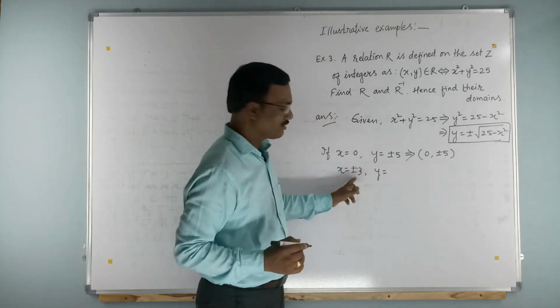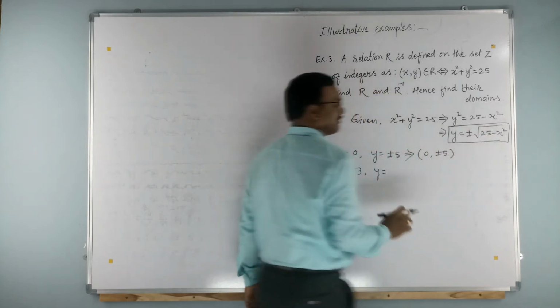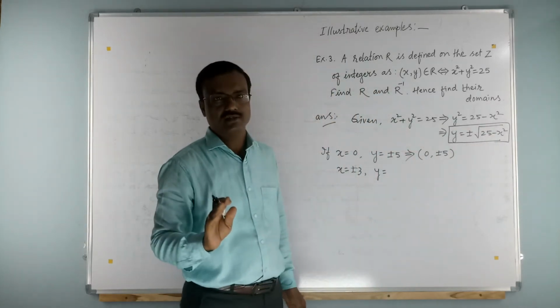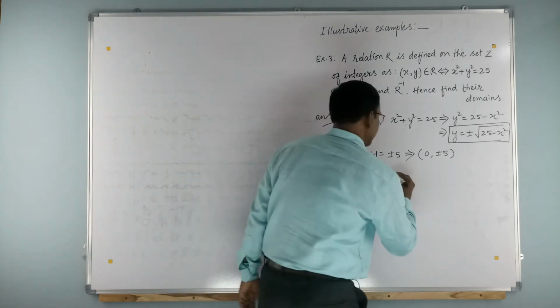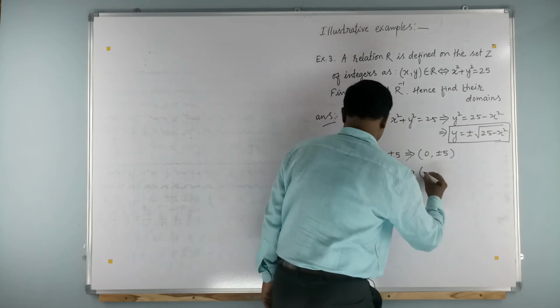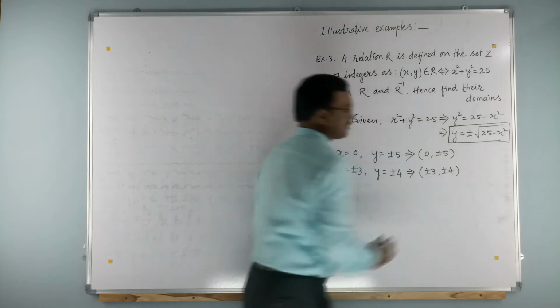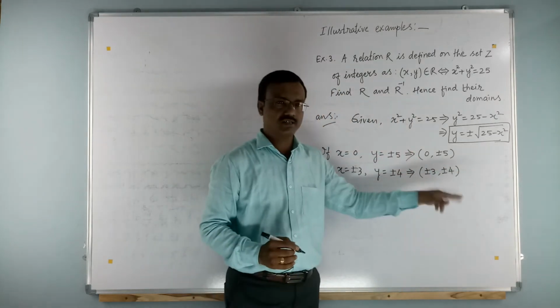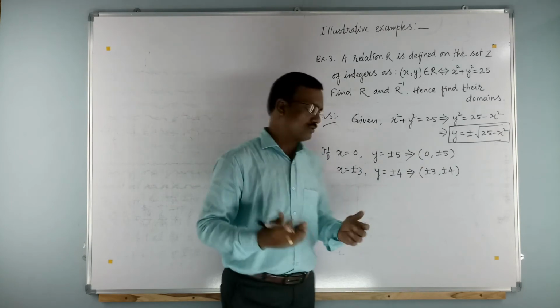For x equal to plus or minus 3, 3 square is 9, 25 minus 9 is 16. Root 16 is plus or minus 4. So plus or minus 4 is values of y. This will give the ordered pairs (plus minus 3, plus minus 4). So there are many, actually (3, 4), (3, minus 4), (minus 3, 4), (minus 3, minus 4), etc. That we'll see later on.